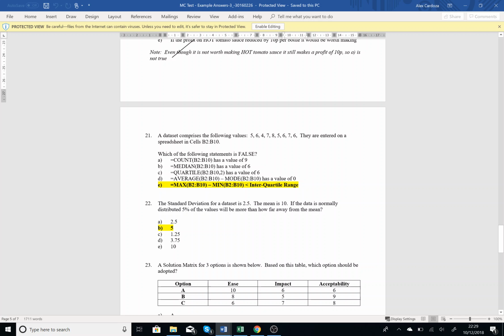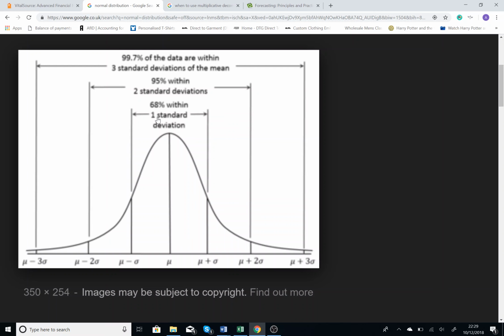So you just take whatever standard deviation it is, times it by 2, in the case of 95%, and your answer would be 5. If it was a 99%, then you would times it by, I think, around 2.6 something. Okay.